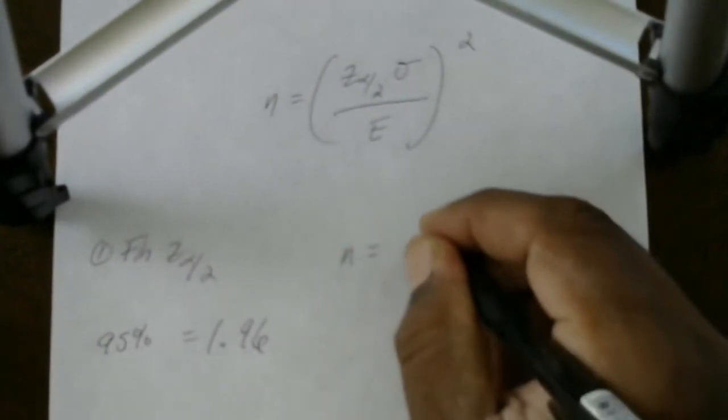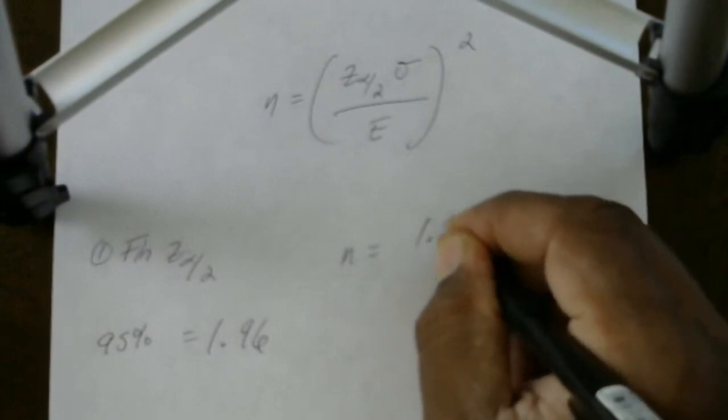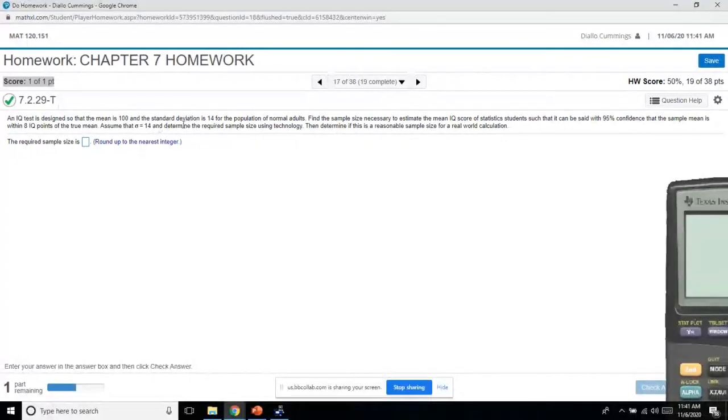So n is equal to 1.96 times the standard deviation. And from our problem, the standard deviation is 14.